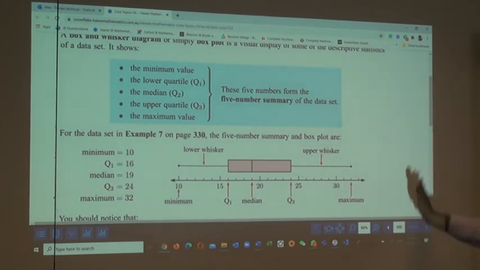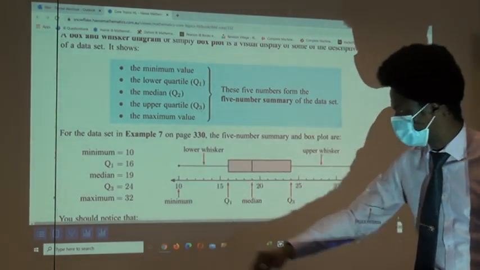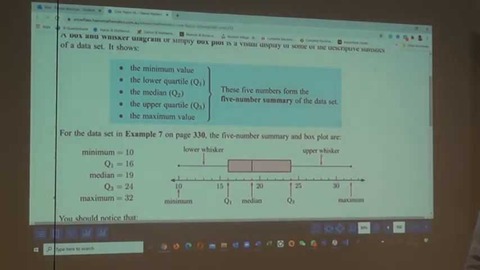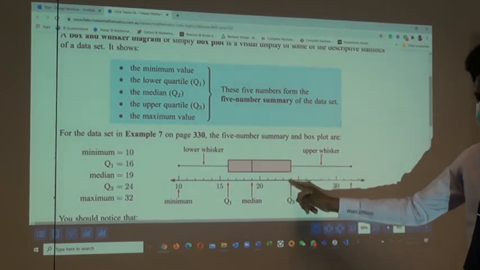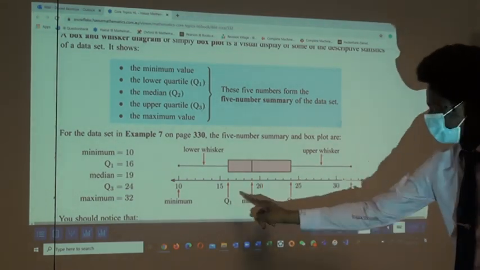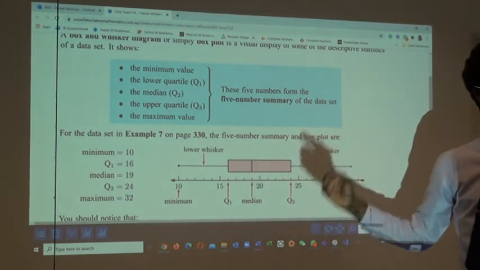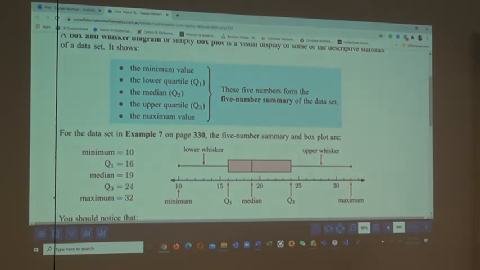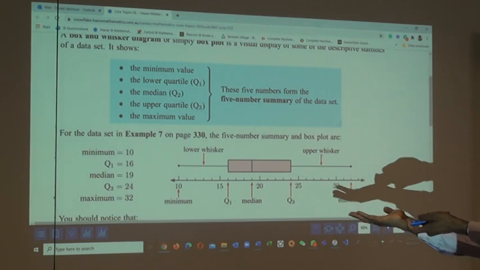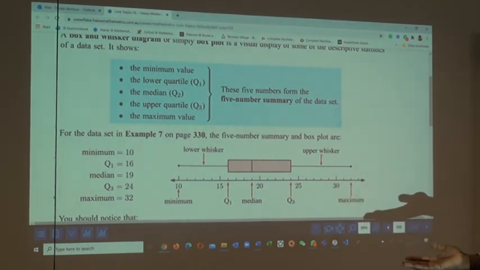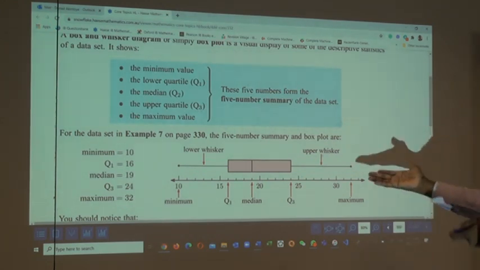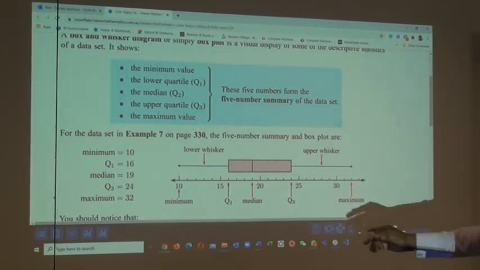So from any box plot like this, you can always tell this is the minimum, this is the maximum, this must be Q1, this must be Q3. The interquartile range is simply the difference between this and this. Similarly, if data is given, all you need to do is figure out these 5 numbers, and that will give you the plot.